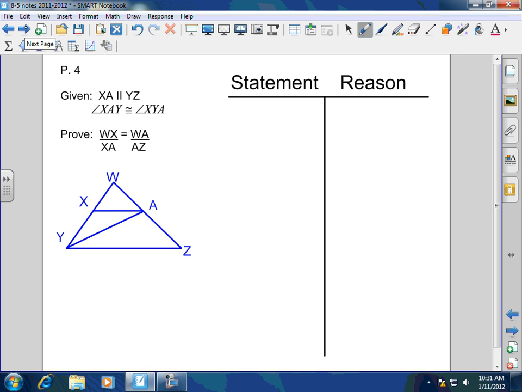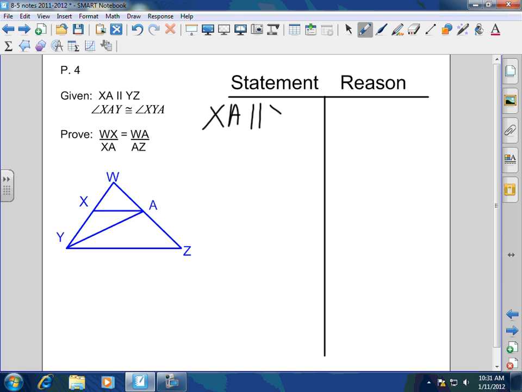Now we got a proof. Fun stuff. I love proofs. Gotta love proofs. All right. So we have this figure here, and in this figure, they tell us that XA is parallel to YZ. So that's going to be my first statement.